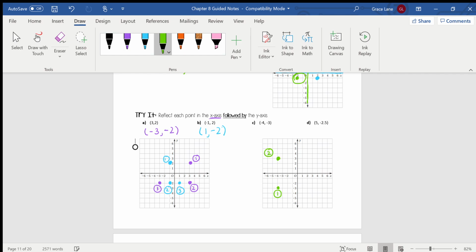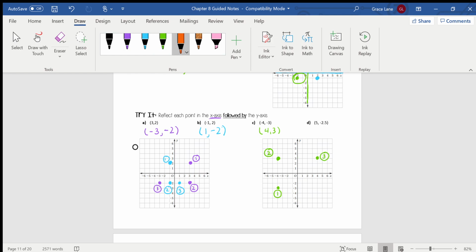So you should notice that the numbers themselves stay the same. It's the positives and the negatives that are changing. And then over the y-axis would be staying on 3, but now I'm at +4. And so this one would be 4, 3.